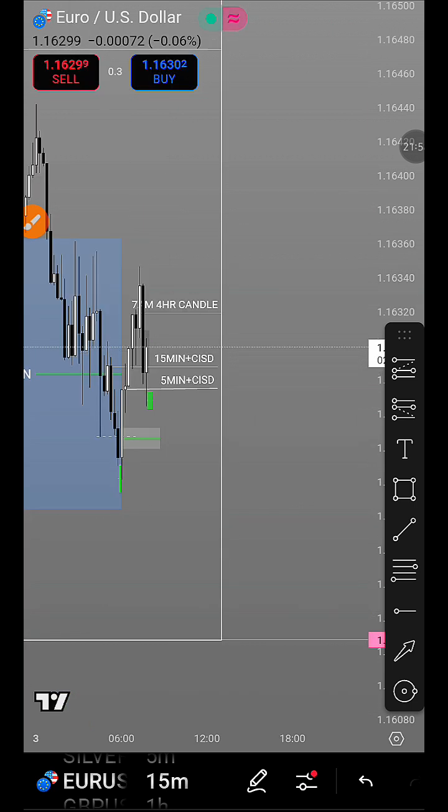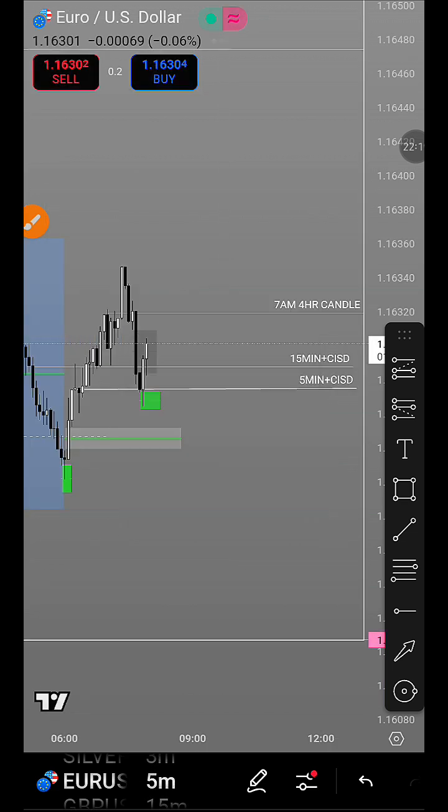We got a 5-minute change in state. Did price retrace here to put in a continuation swing? No, it didn't. At the moment, price is putting in that continuation swing at the point where I would want to see a continuation swing get put in, right? At a 15-minute or 5-minute change in state level, or at a FEG, to continue going higher. But there is no FEG to put in that continuation swing.